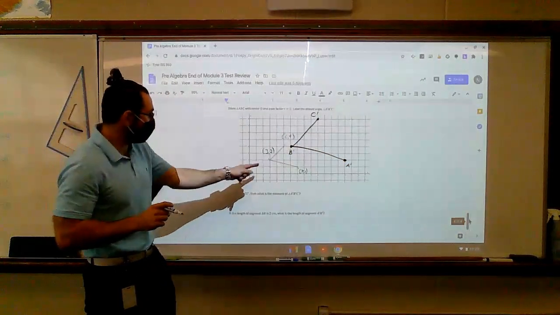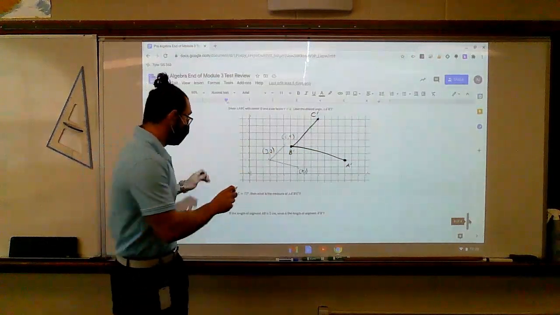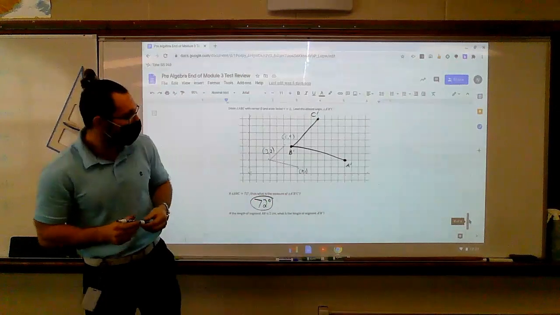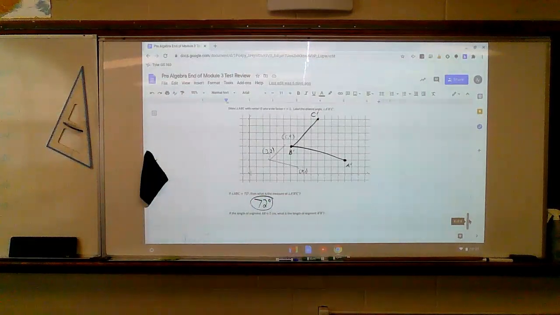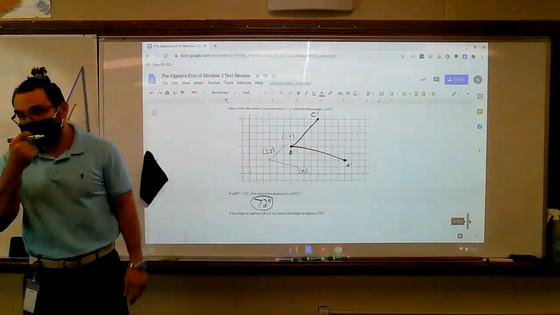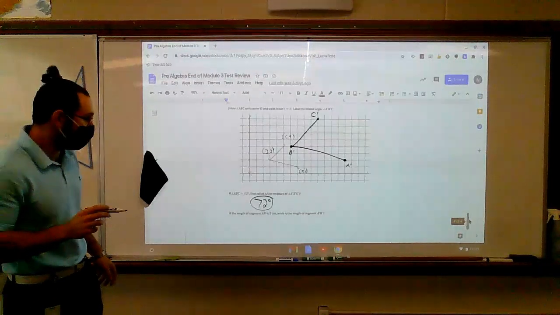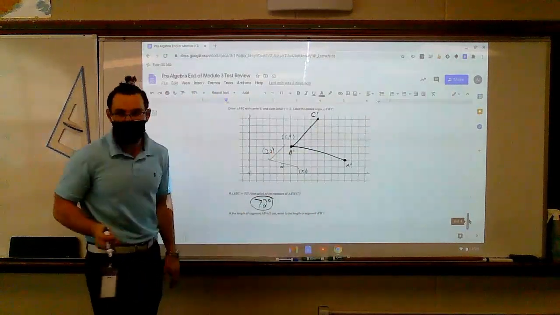If angle ABC is 72, what does this measure have to be? It has to be 72 degrees as well, because corresponding parts must either be congruent for angles or proportional for sides. So they have to be congruent. If the length of segment AB is 2, what is the length of A prime B prime?